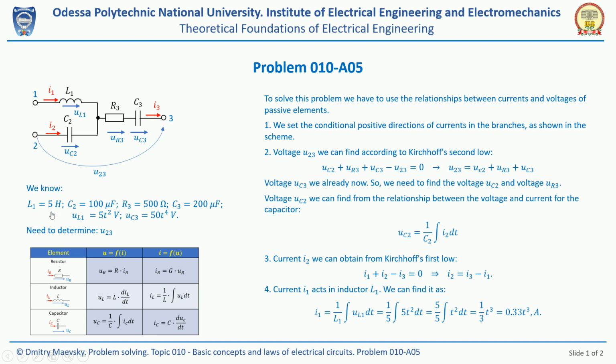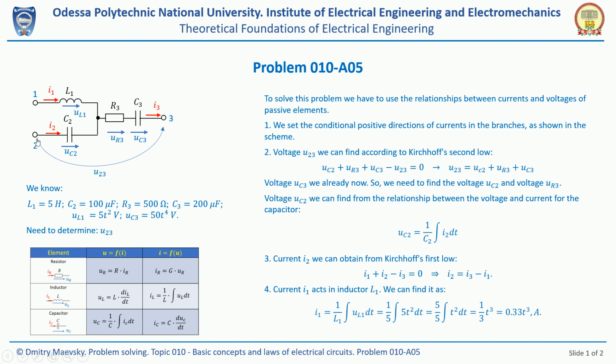We know the parameters of all of these elements, and among them we know that voltage on inductor L1 is 5 times t squared, and voltage on capacitor C3 is 50 times t to the power 4. We need to determine the voltage U23.